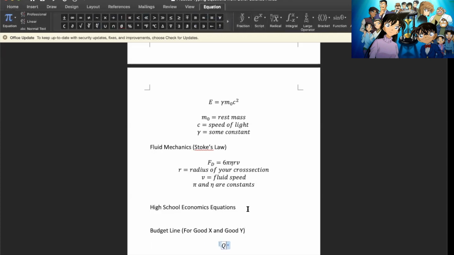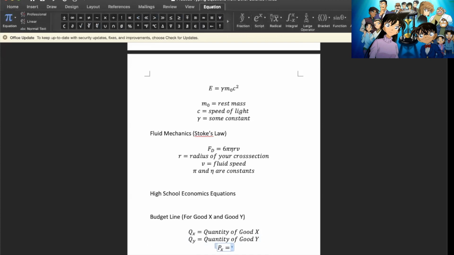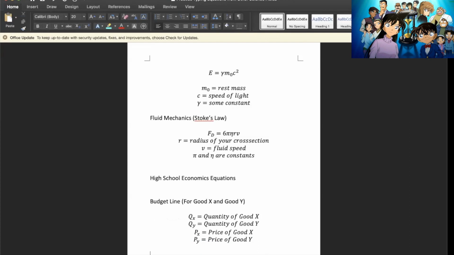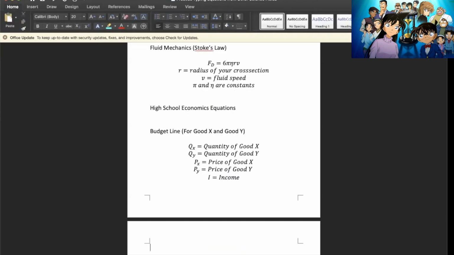If we denote that QX equals quantity of good X, QY equals quantity of good Y, and we have that P of X and P of Y equal their prices correspondingly. Oh yes, and income. Let I equal income. If this is the case, then this equation must hold.